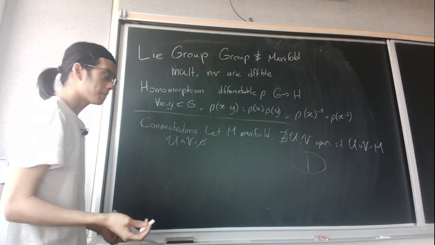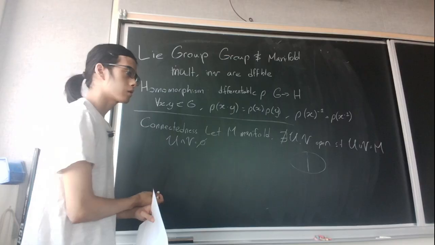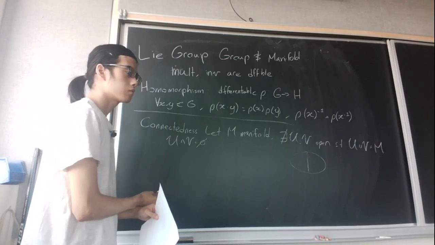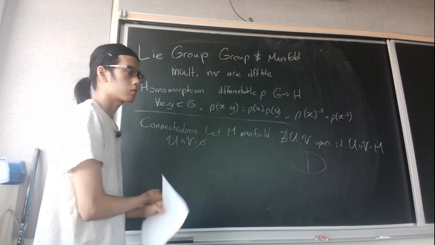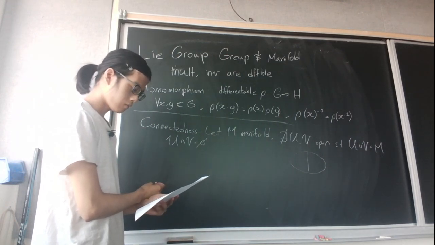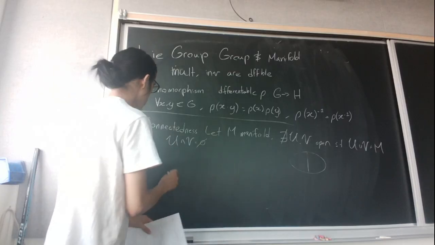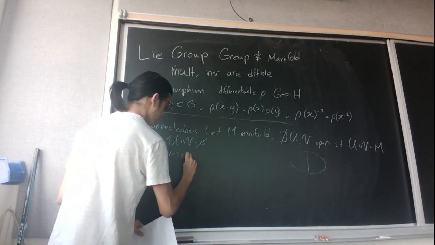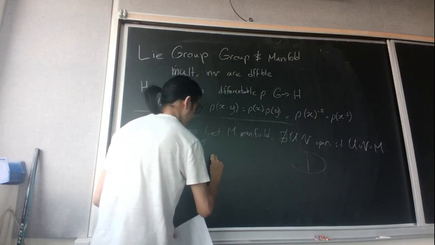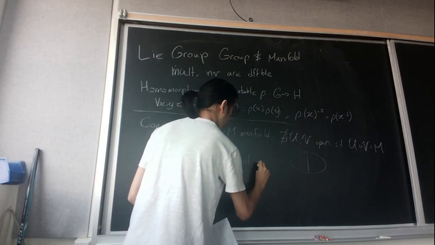Actually, sorry, there's one other thing, which is that the image of a connected set under a continuous mapping is connected. Okay. But, sorry, that was a confusing way to say it. Yes. Connectedness is preserved under continuous mapping.